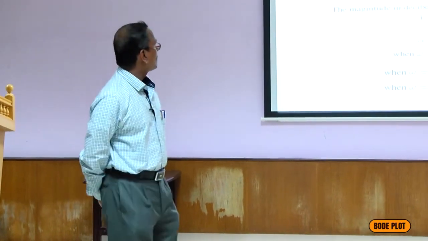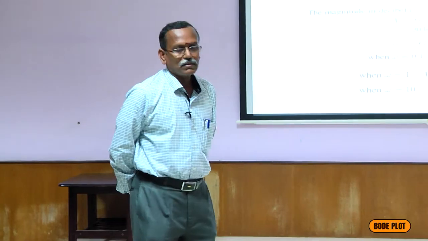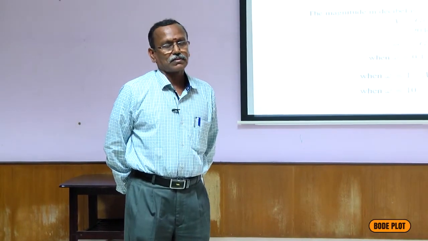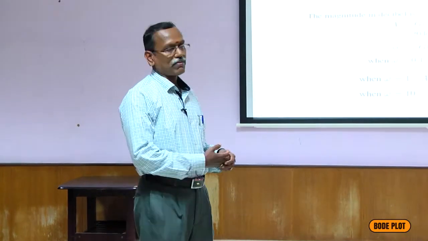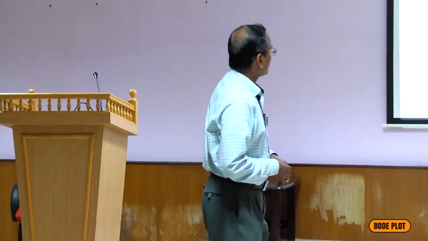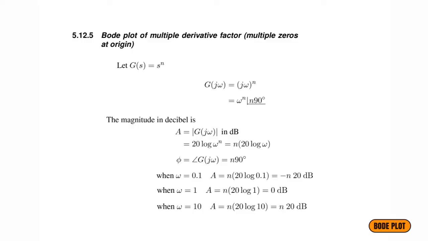Bode plot for derivative factor. Multiple derivative factor: if the numerator has multiple zeros at the origin, s power n, that is n zeros at the origin, in that case the magnitude is 20 log omega power n.